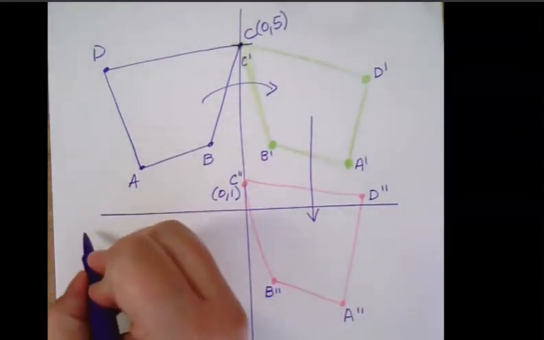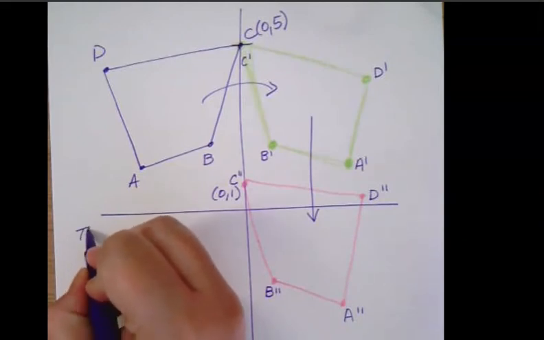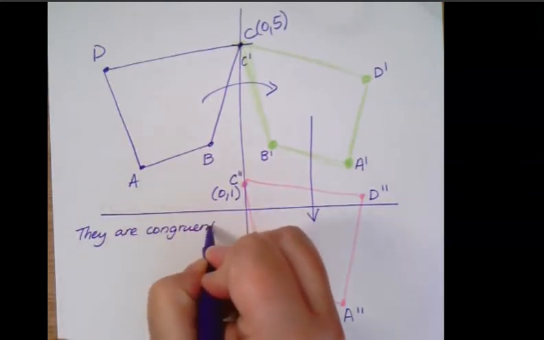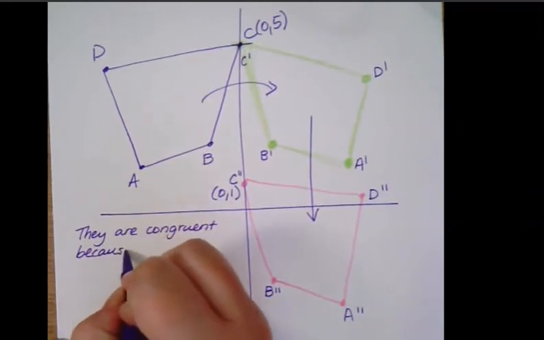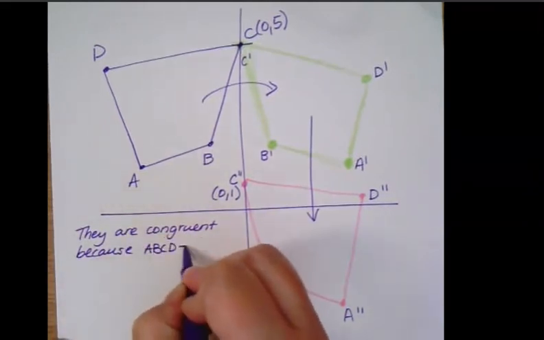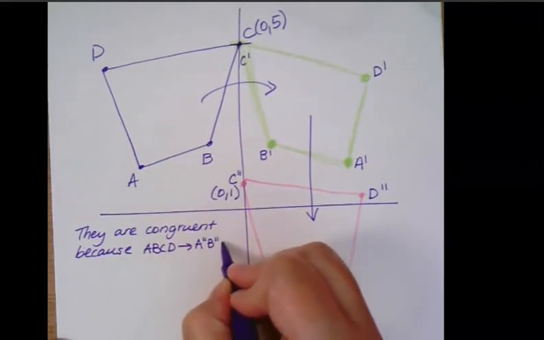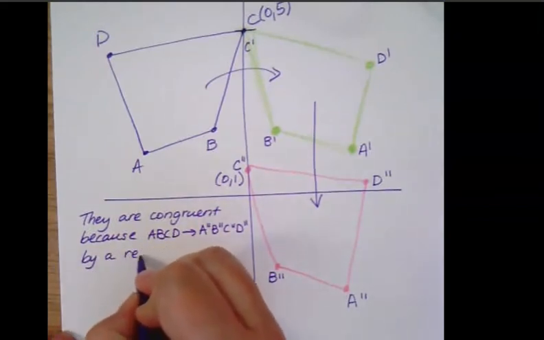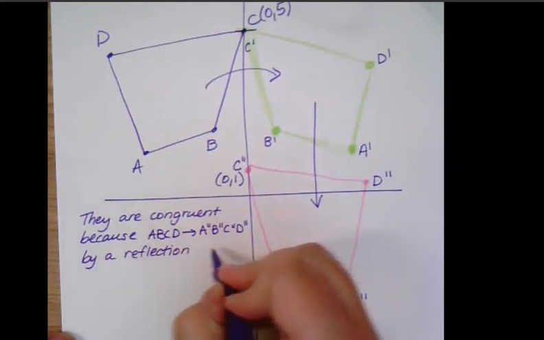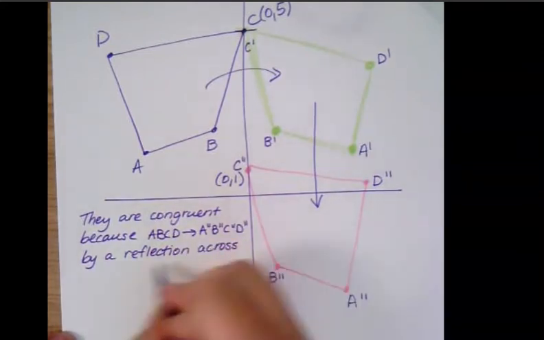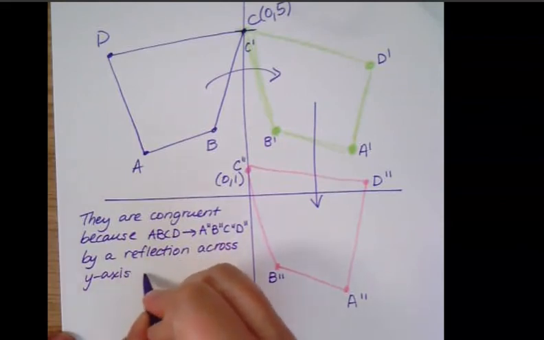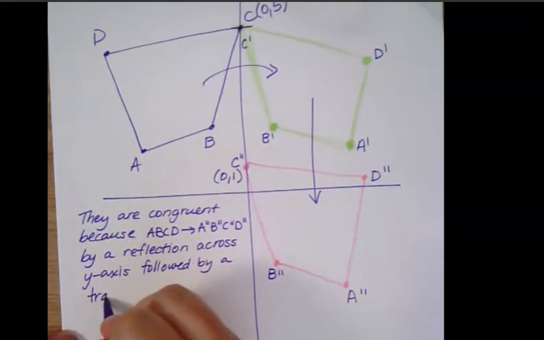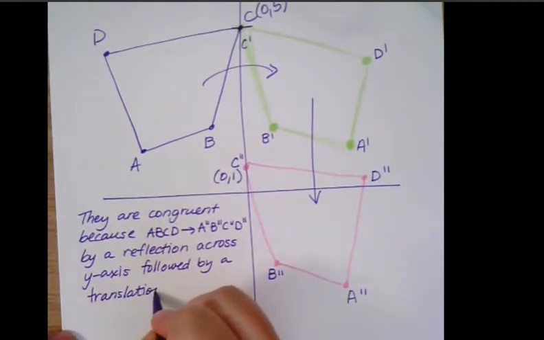So basically, how I would answer this is I would say they are congruent because I can get from A, B, C, D to A double prime, B double prime, C double prime, D double prime, it's kind of a mouthful, by a reflection across the y-axis followed by a translation down 4.